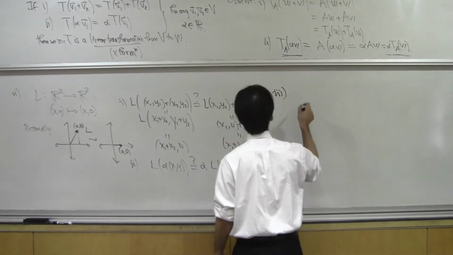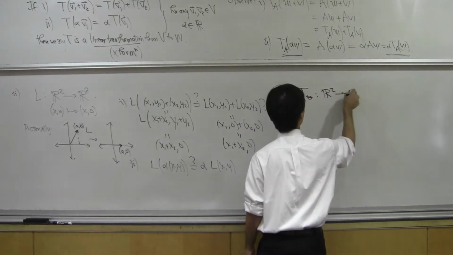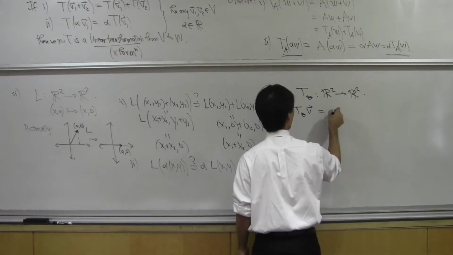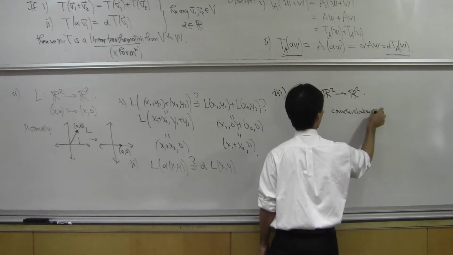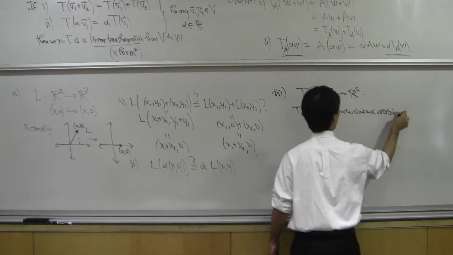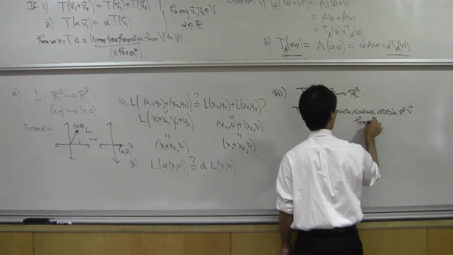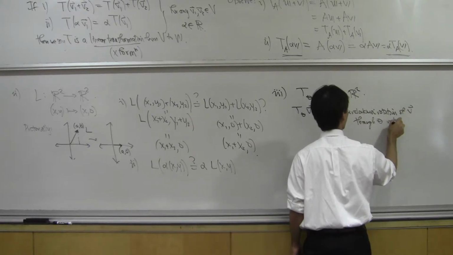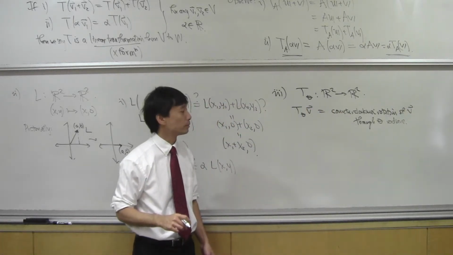Okay, number 3. Again, let's define a map from R2 to R2. This map T theta is the counterclockwise rotation of v through theta radians.